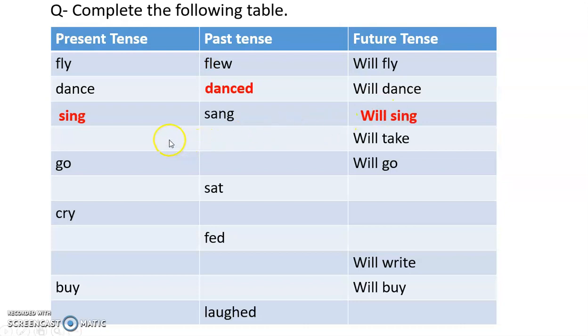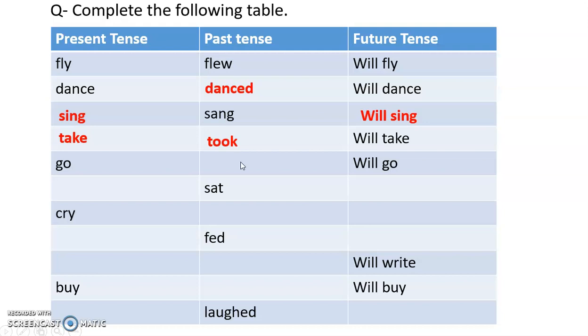Next, present is not given, past is not given, future is will take. So, the present tense will be take, past tense will be took, and future is will take. The present tense is go, past tense not given, future is will go. So, what do you think is the past tense, children?